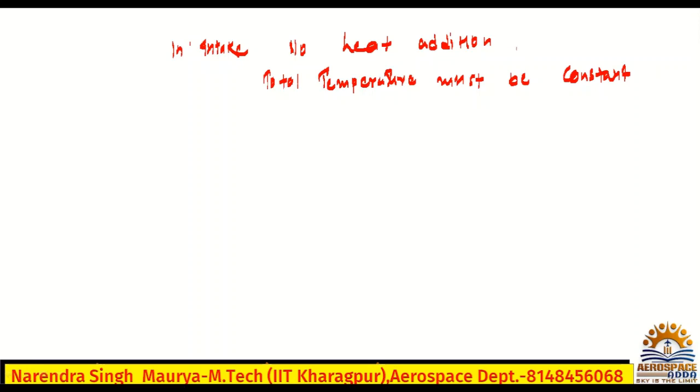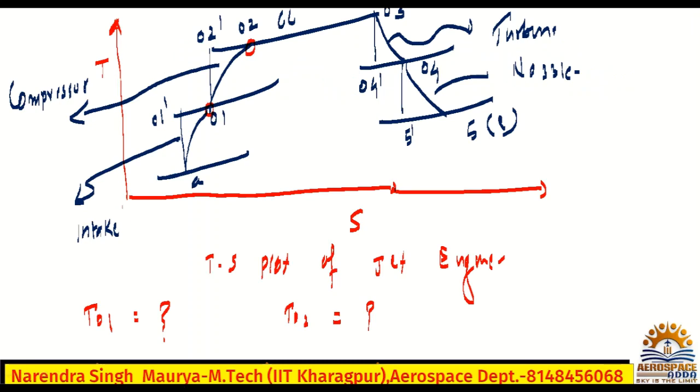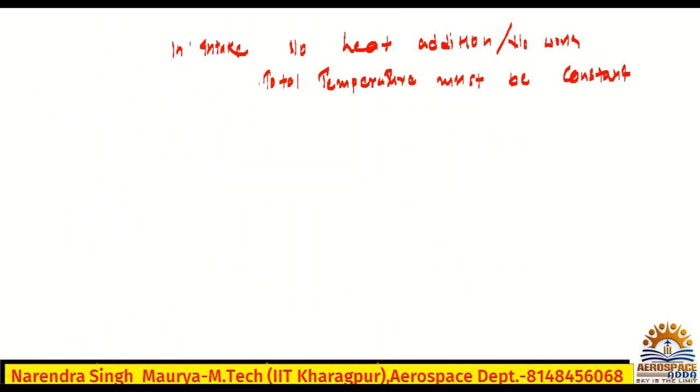No heat addition, no work. Yes or no? The total temperature must be constant. What is the total temperature at point A? T naught A. We must write T naught A if you say total temperature, but the inlet point A is static. So the total temperature across the intake, T naught A and T naught 1, is constant, because there is no heat addition, no work in the diffuser or intake.